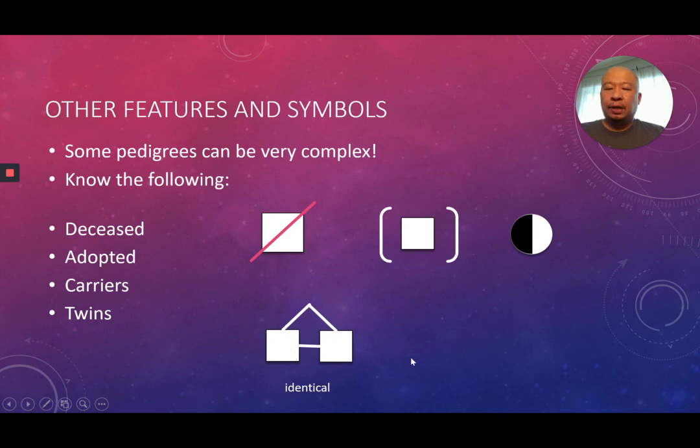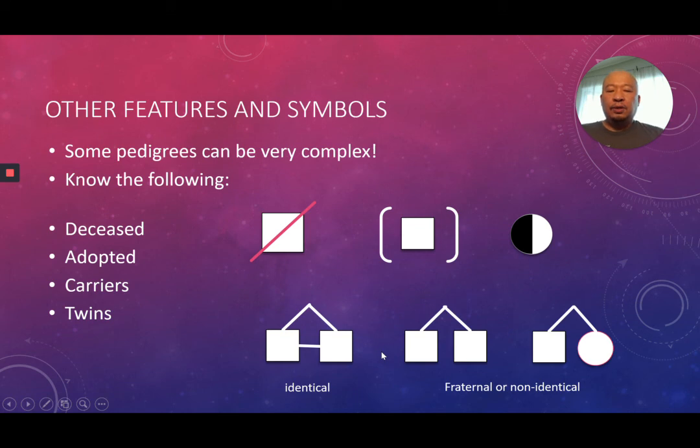The other types of twins that we have are non-identical twins, or fraternal twins. In this case here, if both the symbols are the same shape, that means that they're just boys. They're boys that are twins. They come from the same parents, but they're not identical to each other.